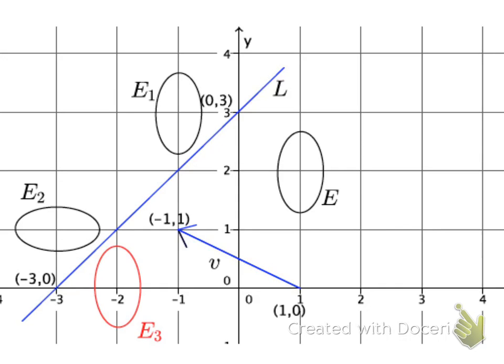And so this sequence of transformations, done one after the other, gave me this final image, E3. So E3 is the translation followed by the rotation, followed by the reflection.